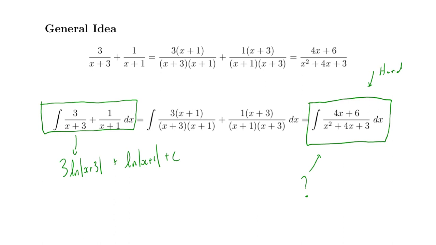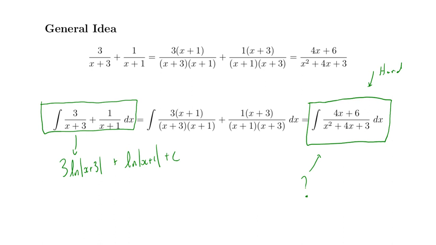There's some things that you can do, but they end up being tricky. So partial fractions is really about reversing this addition of fractions, seeing if we can take something that's already written as a sum and break it apart into some smaller pieces. That way, we might have an easier time integrating things with those smaller partial fractions.